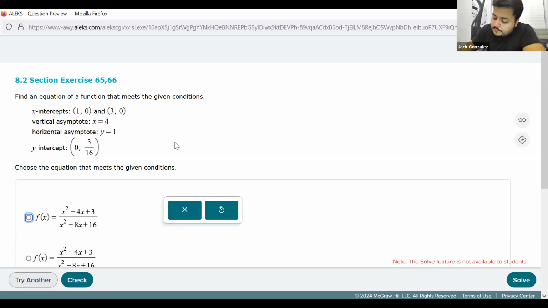Horizontal asymptote: y equals 1. Y-intercept.